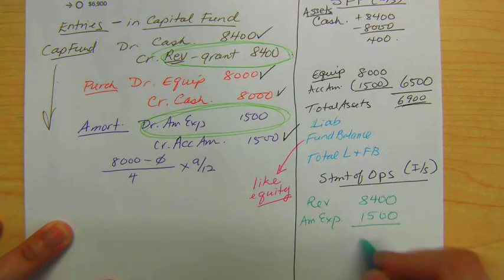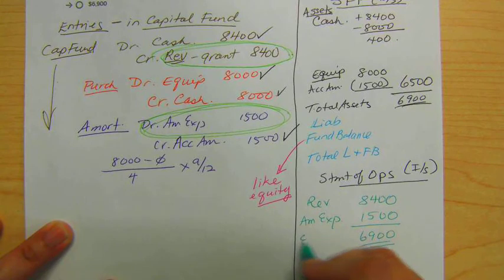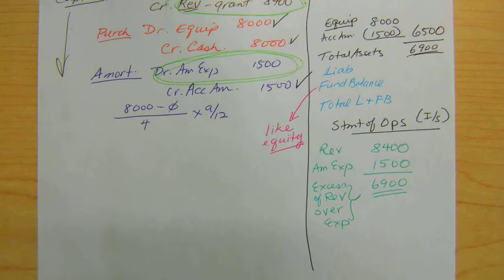So the difference is $6,900. And that's excess of revenue over expenses. Questions so far?